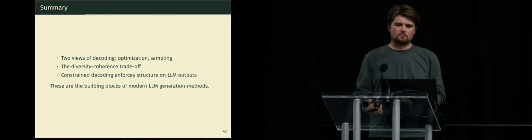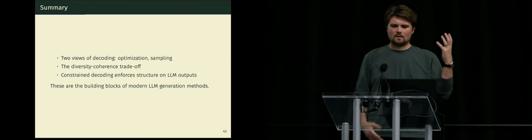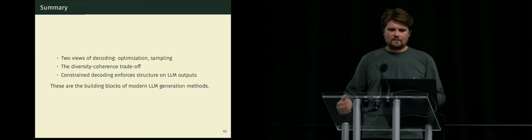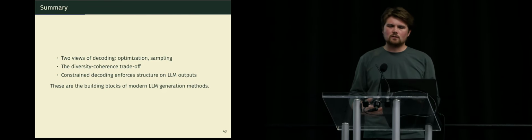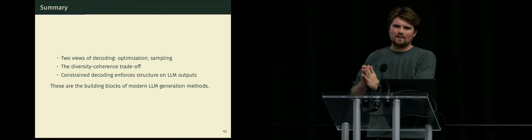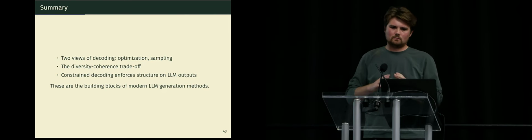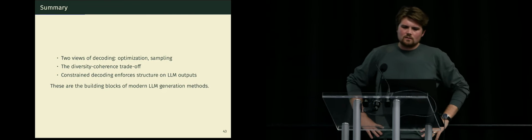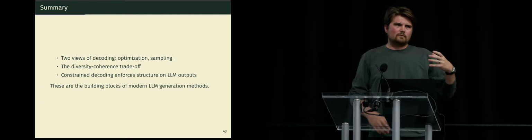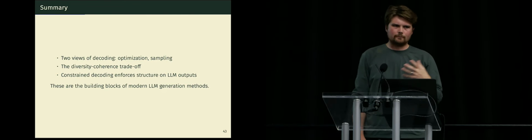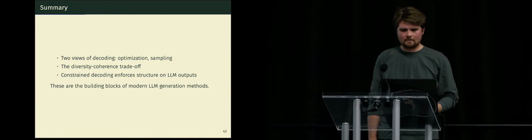Most language models today use sampling. And there's this diversity-coherence trade-off when you're sampling. You can either be more greedy or you can be more diverse, more uniform in your distributions. And then thirdly, you can use parsers or state machines to constrain your outputs in order to conform to structural constraints.